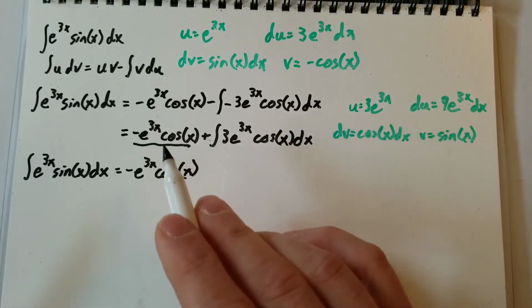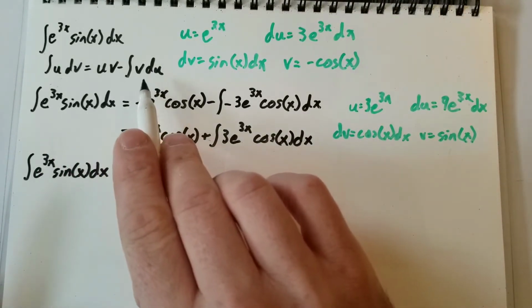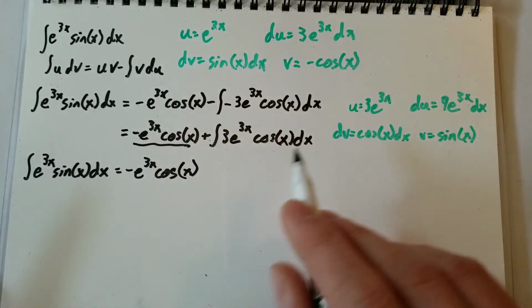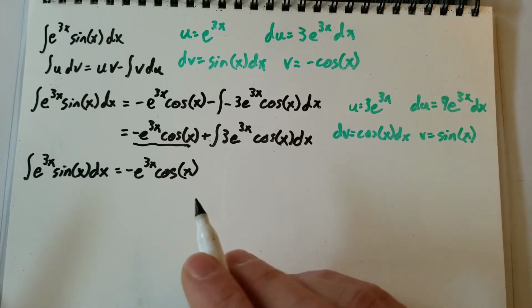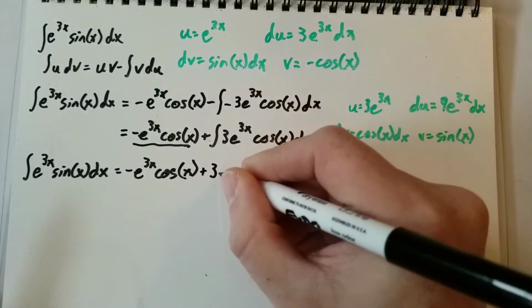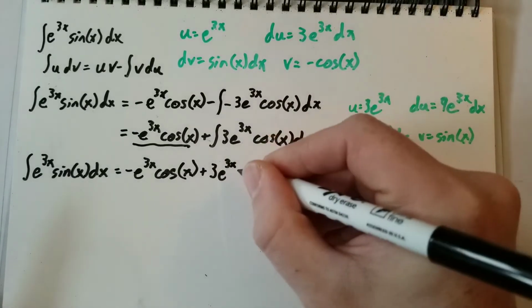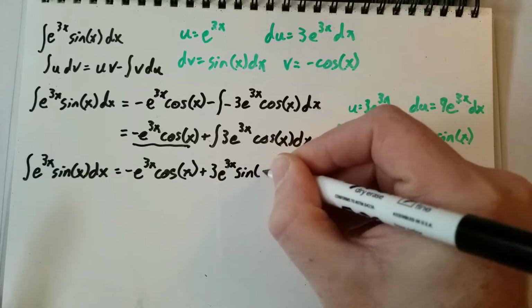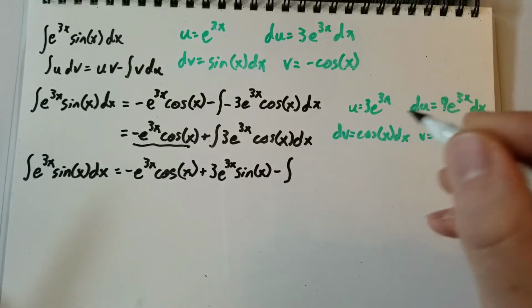And then we put in our uv minus the integral of v du again. So our uv is going to be plus 3e to the 3x times sine x, minus the integral of v du.